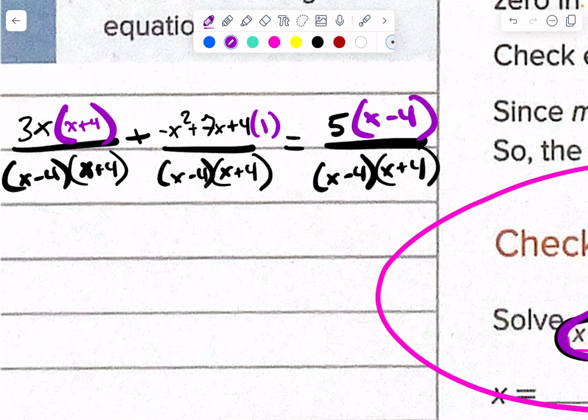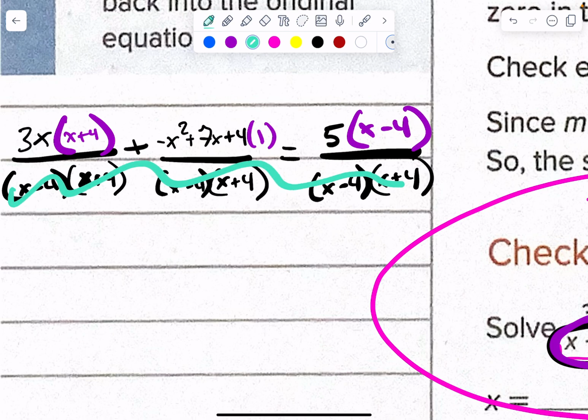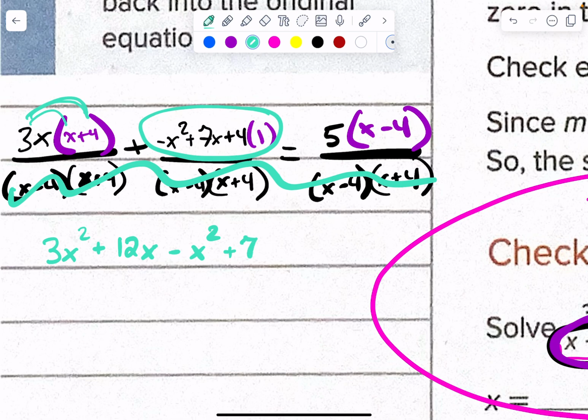Favorite part, cross everything off of the bottom, and then I'm going to distribute through, okay? So I've got 3x squared plus 12x. Then this guy, because he's just getting multiplied by 1, I'm just going to recopy him down, minus x squared plus 7x plus 4, and then he's equal to, if I distribute that 5 through, 5x minus 20.